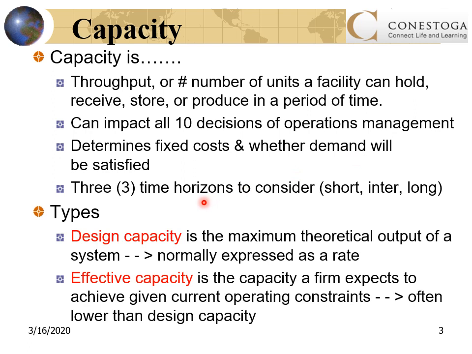So whenever we try to discuss about capacity, there are three different horizons in which we can consider capacity. It can be a short term or intermediate term or long term. So short term is anything which is less than 6 months.